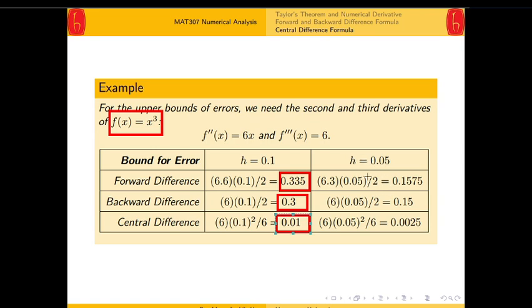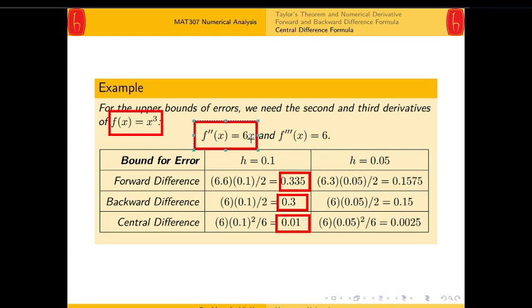Similarly, we can do the same computations for h equals 0.05. For the forward difference formula, the maximum value of the second derivative on the interval from 1 to 1.05 is attained at x equals 1.05.